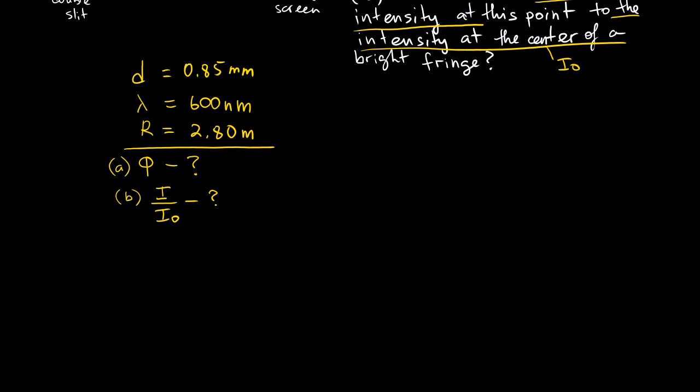Now, for part A, let's remember, what do we know about the phase difference? We know that phase difference equals k d sine theta, where k was the wave number and it equals 2 pi over lambda, so phi equals 2 pi over lambda d sine theta.